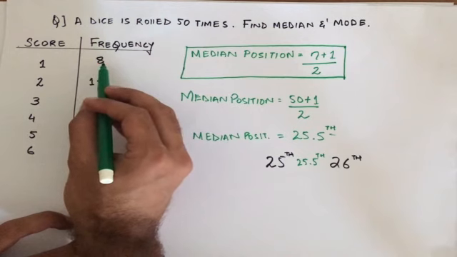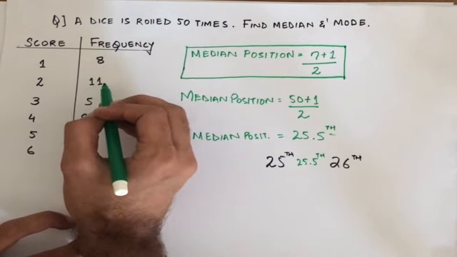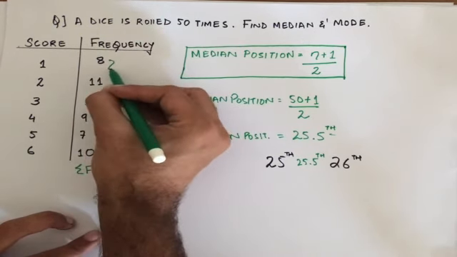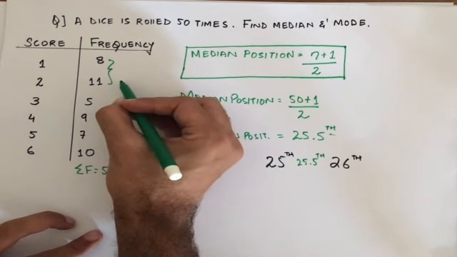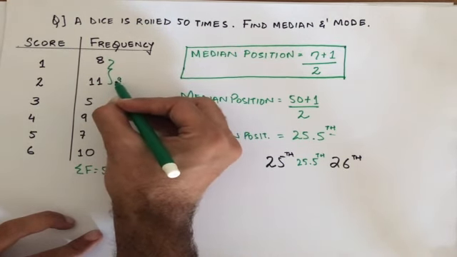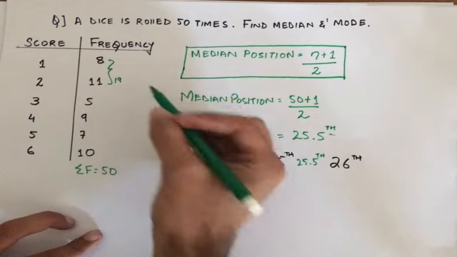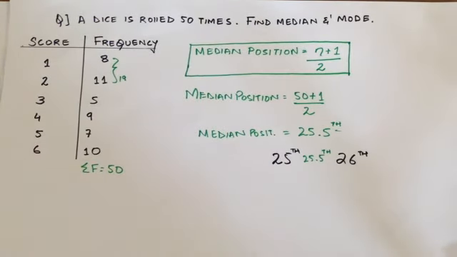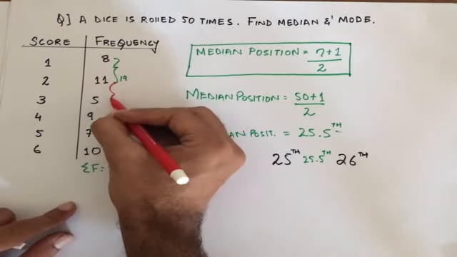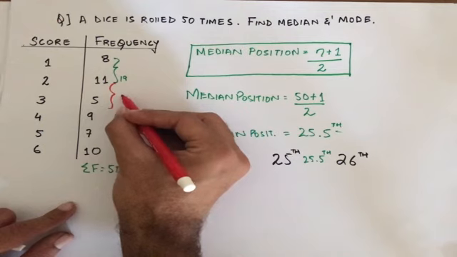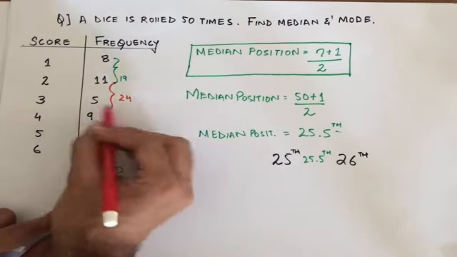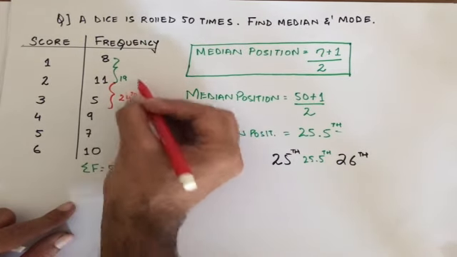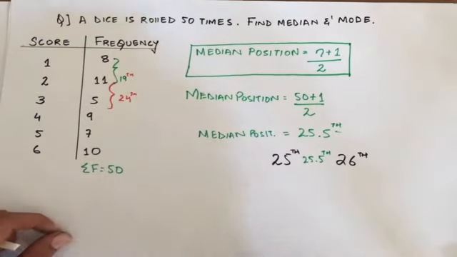This sector is covering 8 positions, and another 11 would mean that these two sectors are covering 19 positions. Still more to go. Another 5 would mean that up till here these sections cover the 24th position, but we required the 25th one.